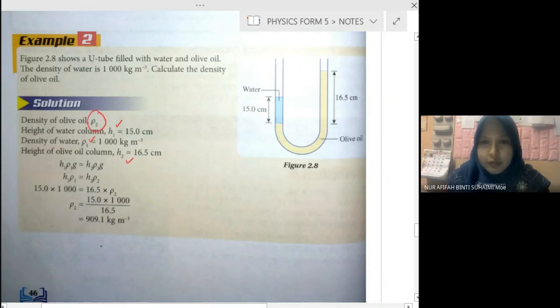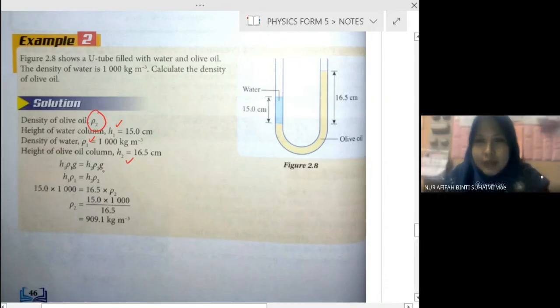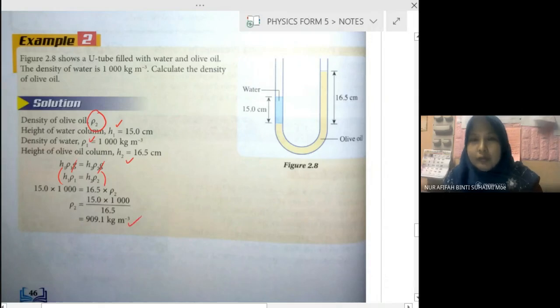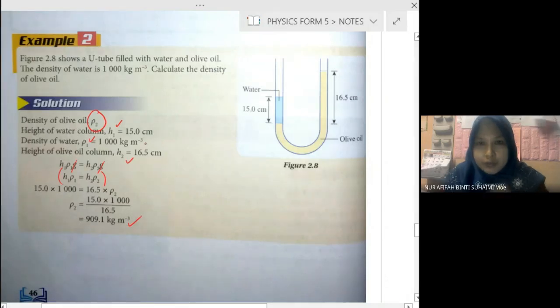You just substitute into the equation, cancel out G, so P1 over H1 equals P2 over H2. So you get the answer. Also look at the units they give, there is meter, so you need to convert later.